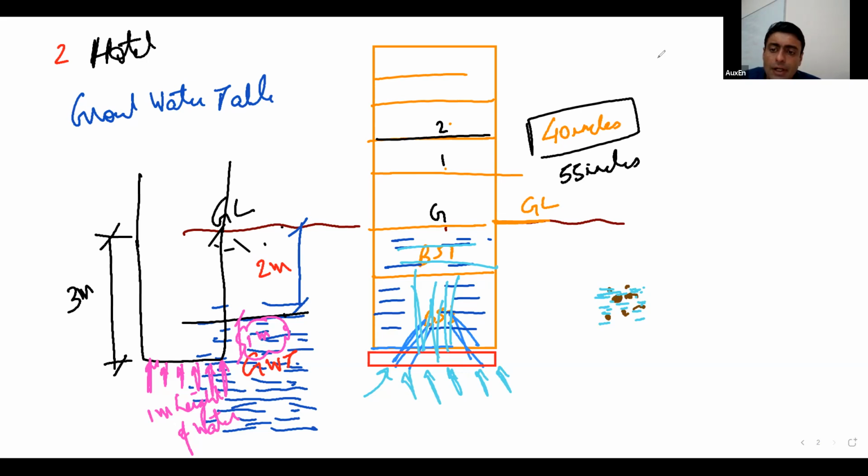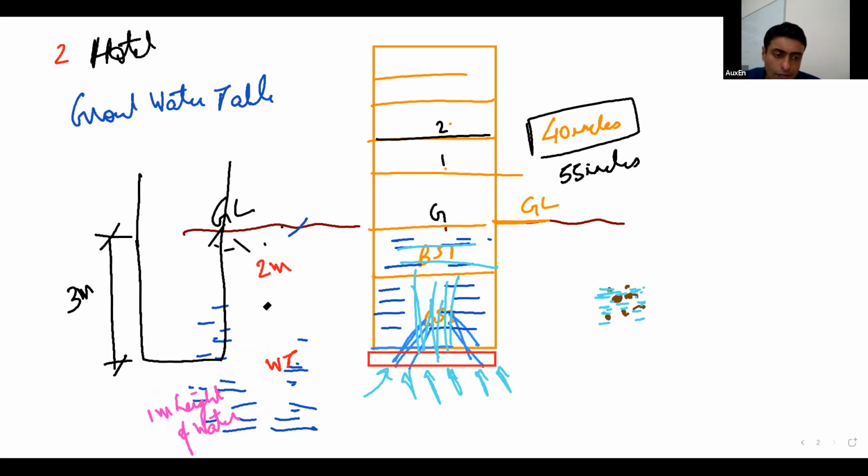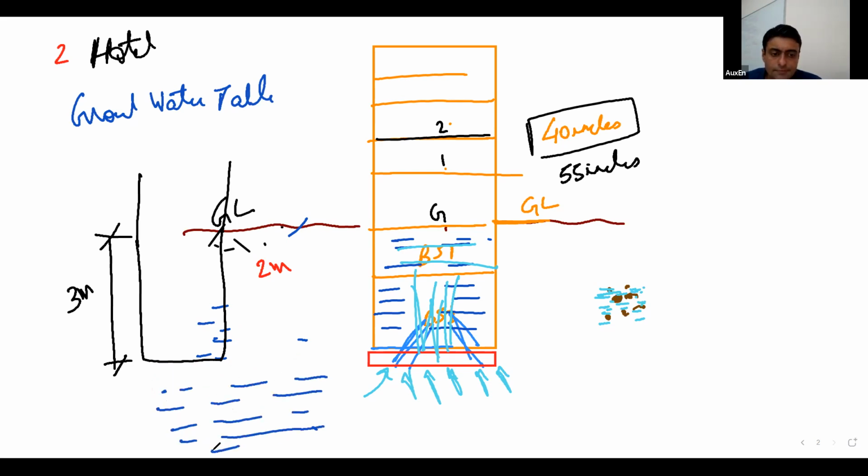Now, if your groundwater table was here, for example, and as per your reports you got that your groundwater table was 4 meters below ground level, and your structure was going only till 3 meters below ground level, will your structure experience any sort of uplift pressure in this case?